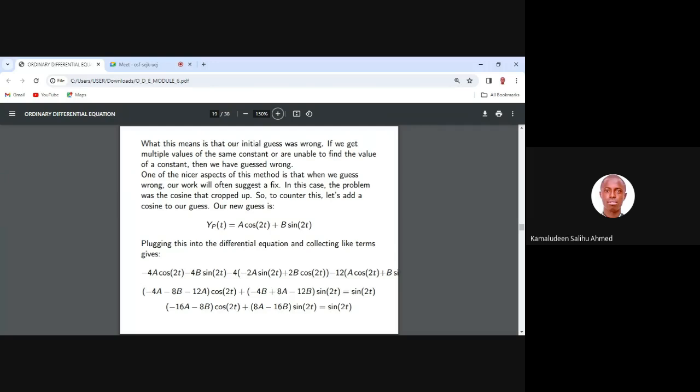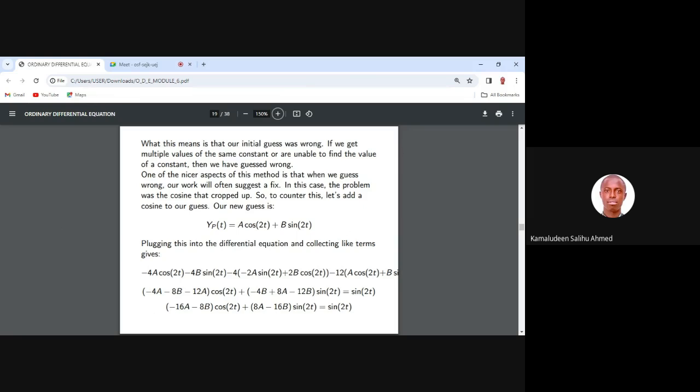So I'll reduce the font before sending the slide into the Telegram. So what we have is minus 12a cos 2t plus b sine 2t is equal to what you have in the right hand side, which is sine 2t. Don't forget from our problem.